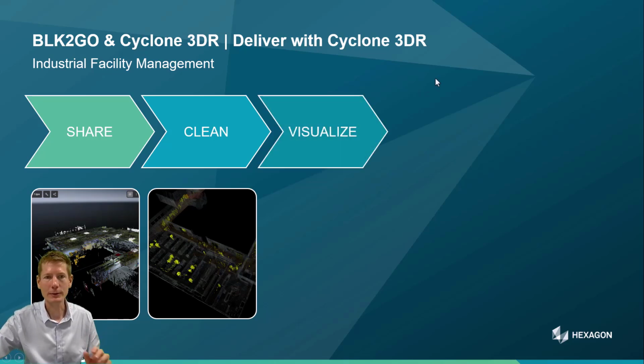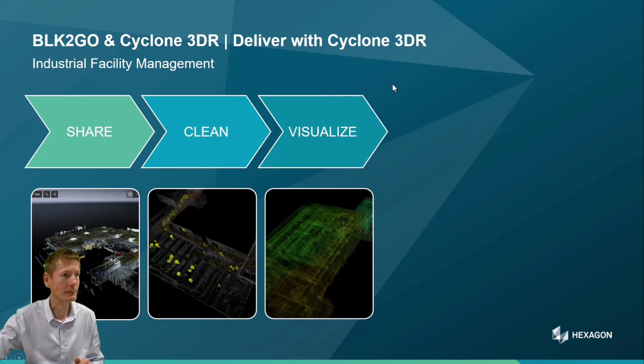And then that's an opportunity for me to show you a few tips on how to visualize, how to emphasize your data sets in Cyclone 3DR, but also, why not, in the viewer.